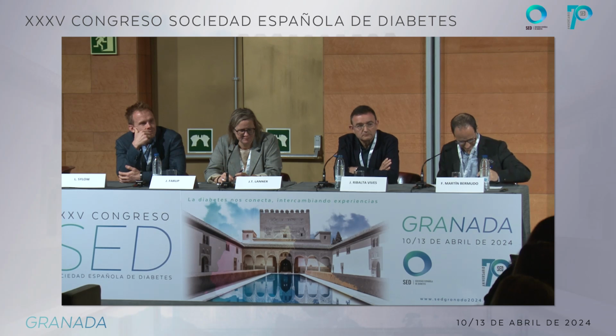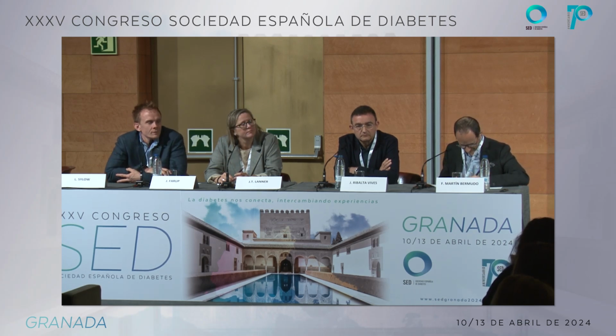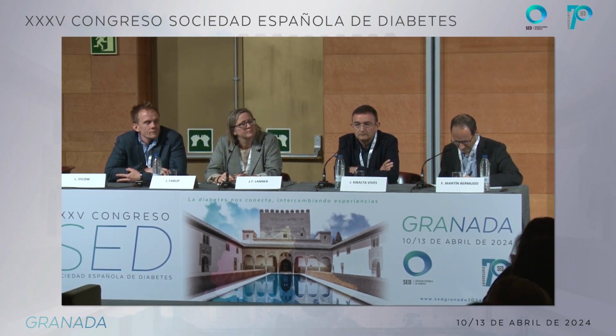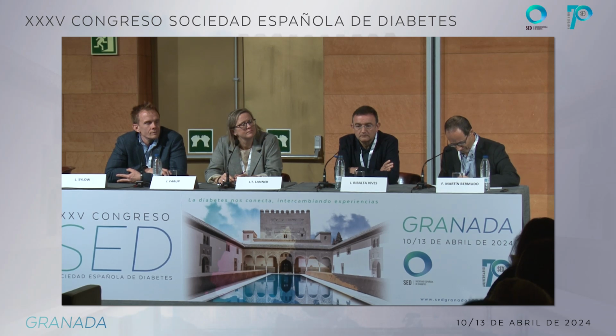My question is regarding, as you know, SGLT2 inhibitors, which have been extensively used in type 2 diabetes because they help in prevention of cardiorenal complications in people with type 2 diabetes. These agents are even used in people without type 2 diabetes.